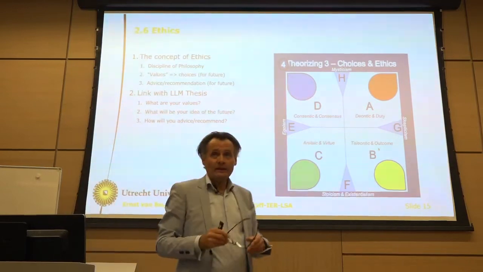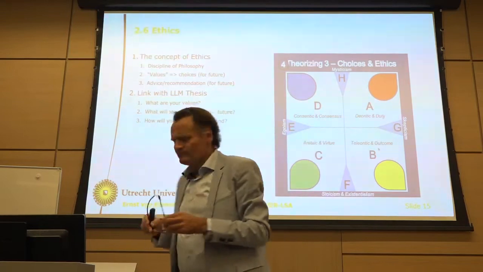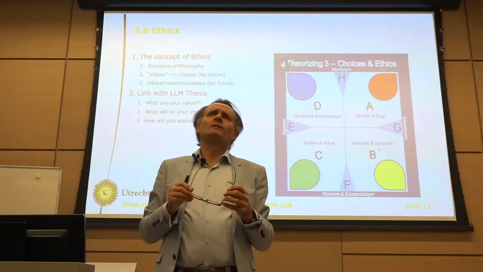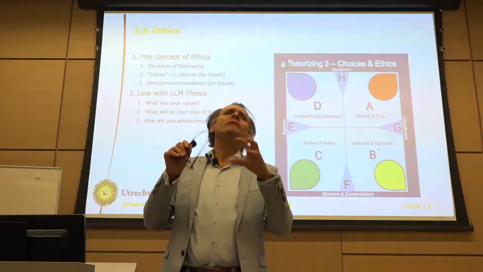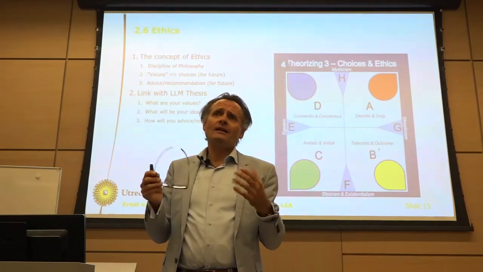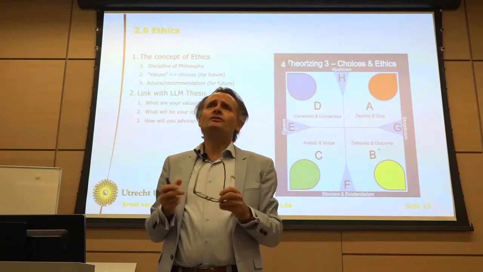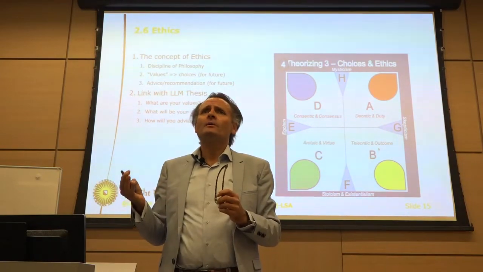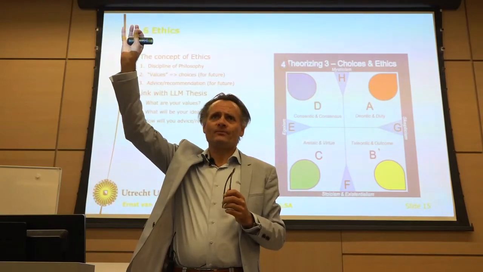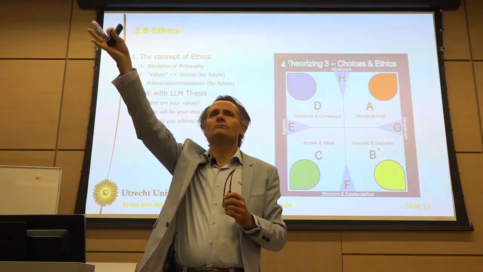And then last, and then we will have a small break. Ethics is about the values. And there are many value systems. And with A, B, C, D, I indicate the main ones. And A is deontology, which is the idea that there is a source and that dictates what is right, what is wrong.